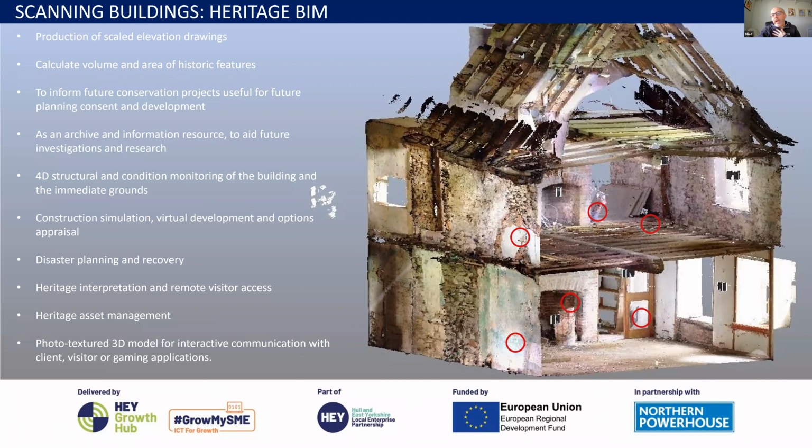Essentially, they wanted to have this laser scanned, one, to understand the construction of the building, two, to virtually deconstruct it, and three, to understand the provenance of this structure, its historical importance. So the red dots here illustrate where we were able to position the scanner. There are no floorboards here, and so we can look straight through the scanner up into the roof joists, etc.